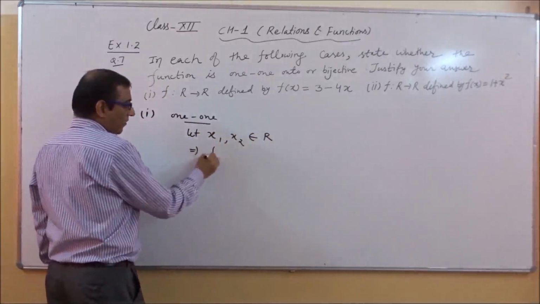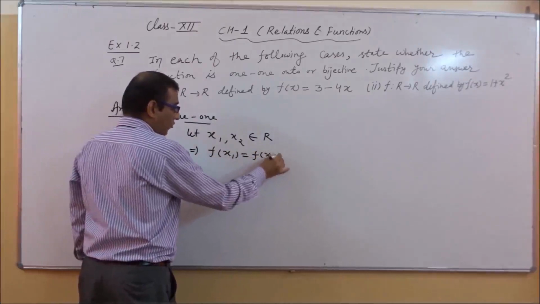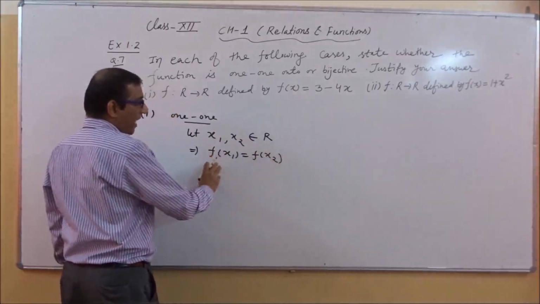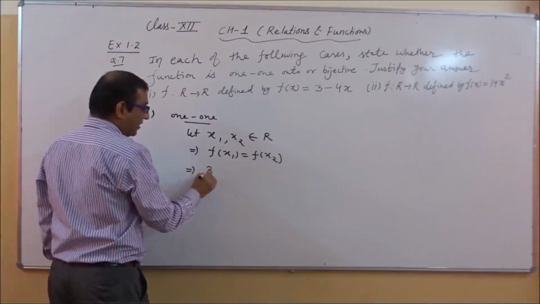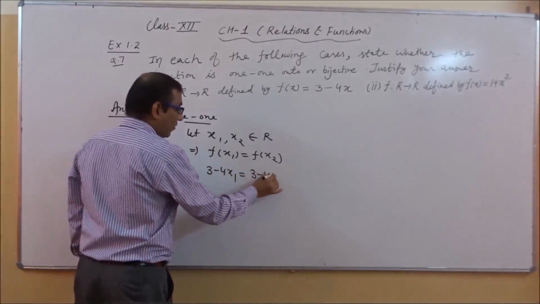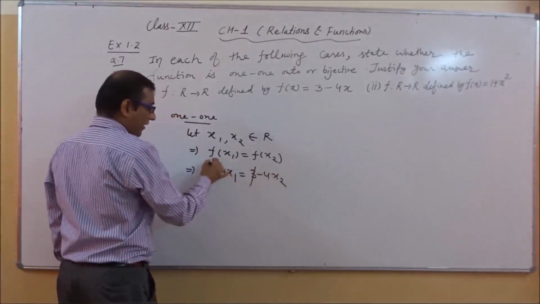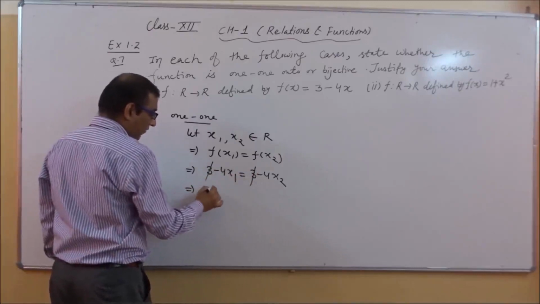It means as per the definition of 1-1 we can say f(x1) equals f(x2), and if we apply f(x1) equals f(x2) on the given function, it can be written as 3 minus 4x1 equals 3 minus 4x2. 3 and 3 both will cancel, and then the minus will also cancel. So what will we get?